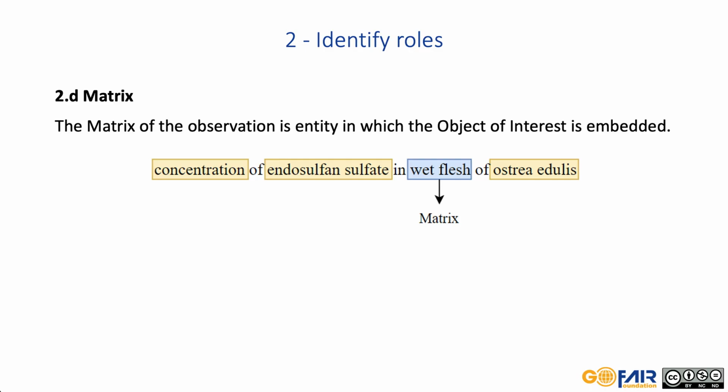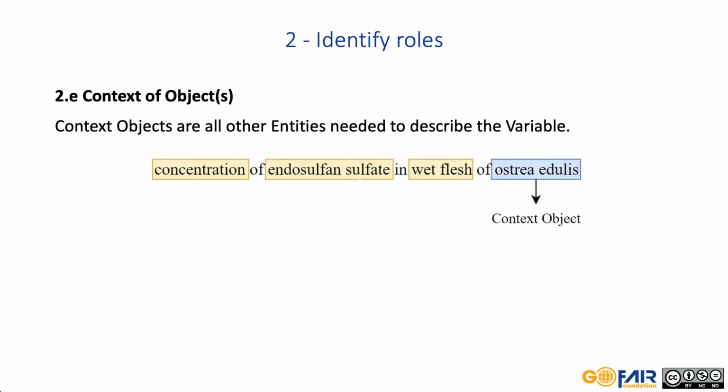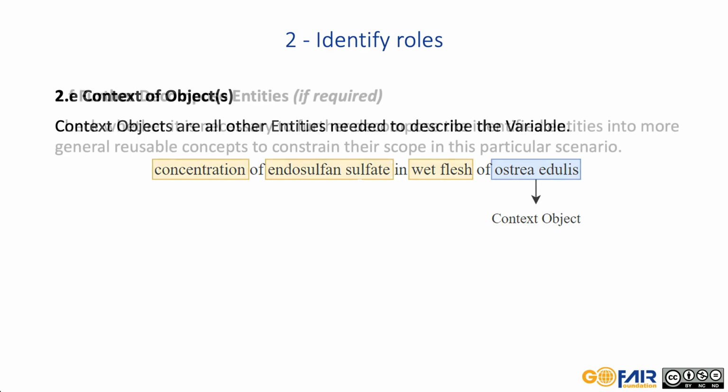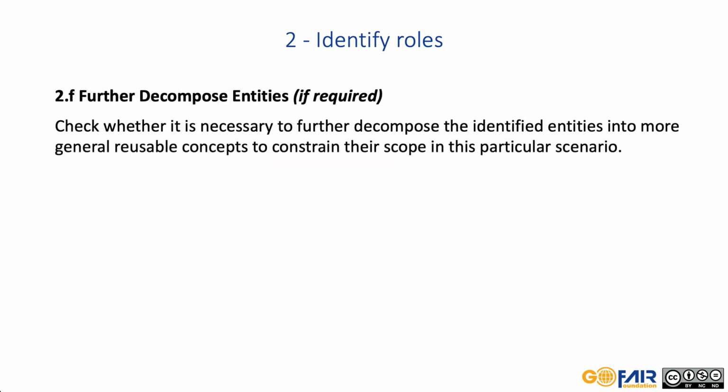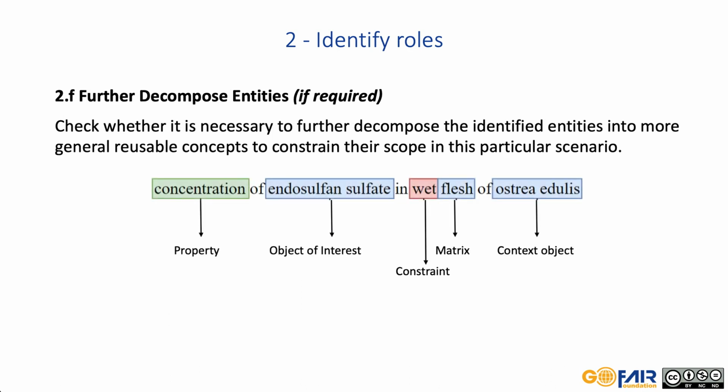Context objects are all other entities needed to describe the variable and provide essential contextual information to comprehensively describe the observation.